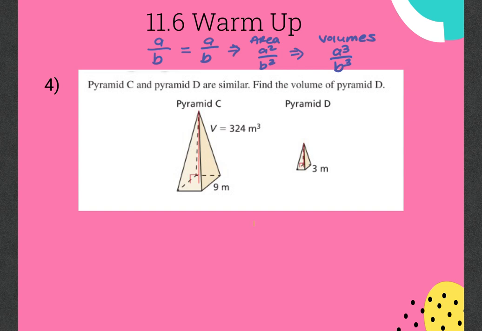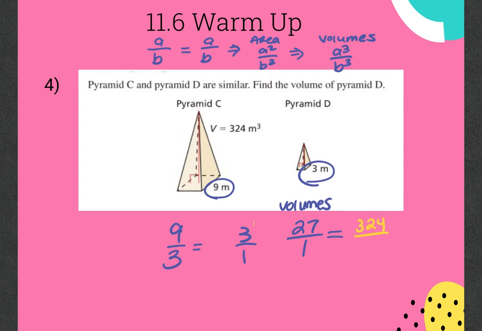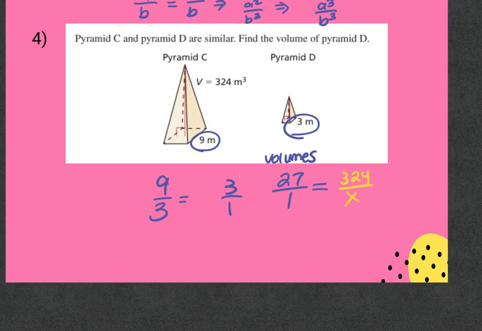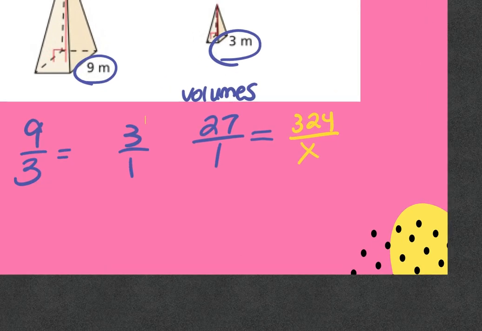So in order to do that, we need to set up the scale factor. I have 9 and 3, so 9 to 3 would reduce to 3 to 1. That's the scale factor. To get the ratio of the volumes, I would cube each. So 3 cubed is 27, 1 cubed is 1. And that would equal the ratio of the volumes. I have the volume for the bigger one, so that's going to go on the top, 324, over the volume of what I'm looking for, which is pyramid D, sorry.